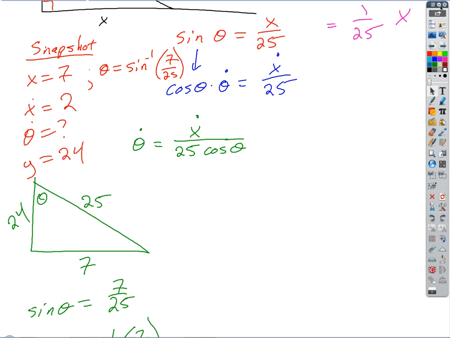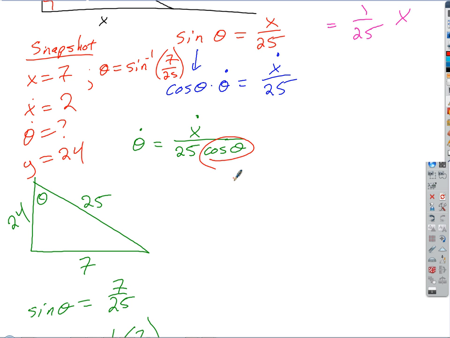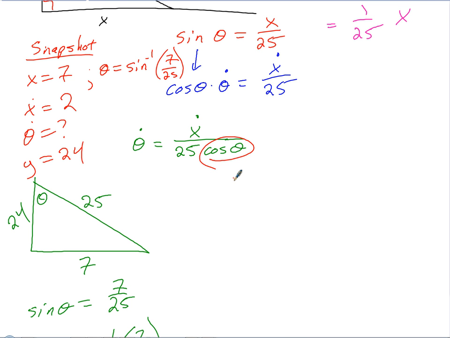So sine of theta is 7/25. What's the cosine of theta? 24/25, right? Instead of writing this as a cosine of an arc sine, which is cumbersome, I could just replace cosine of theta with 24/25 now that I've added the missing side to my right triangle.